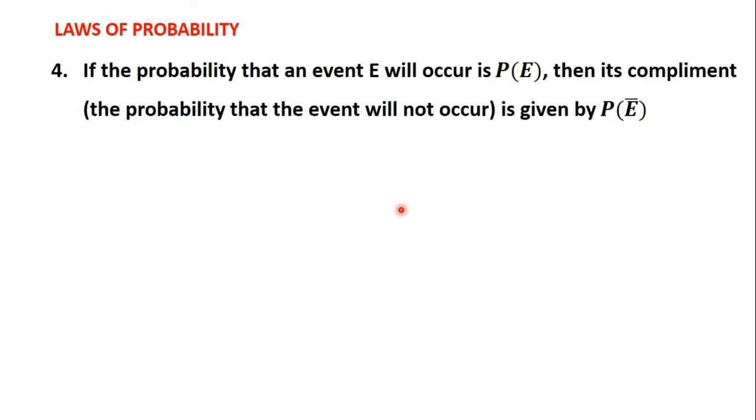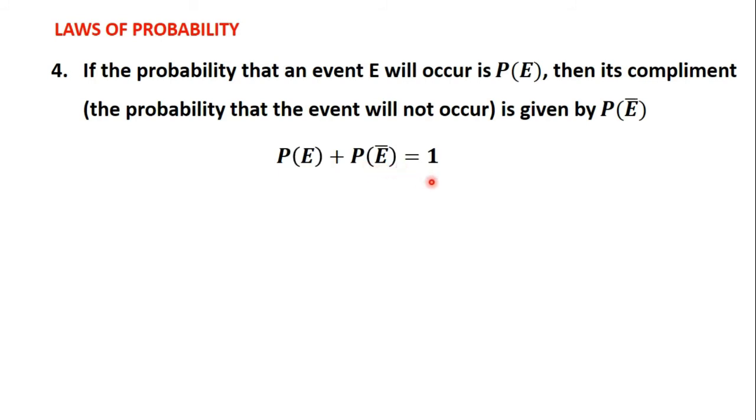The fourth law is that if the probability that an event E will occur is written as P(E), then its complement, which is the probability that the event will not occur, is given as P(E complement), and P(E) plus P(E complement) is equal to 1.